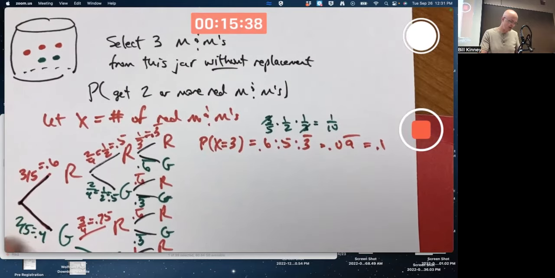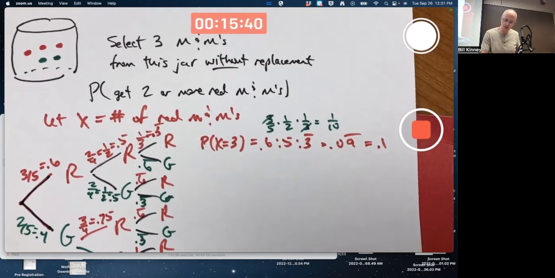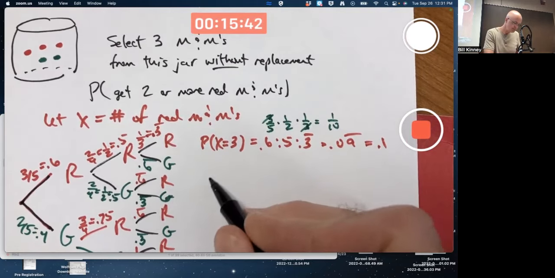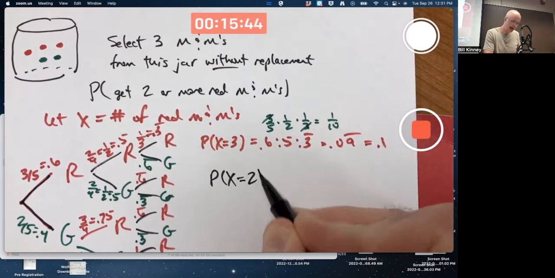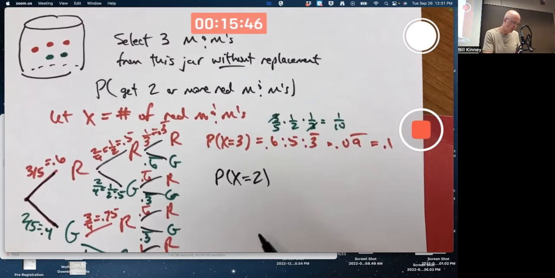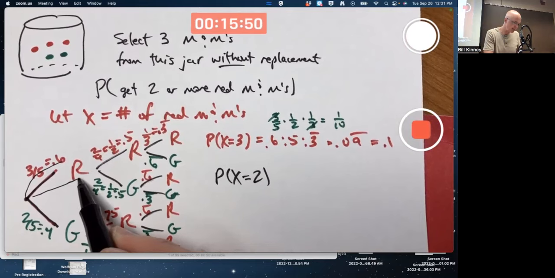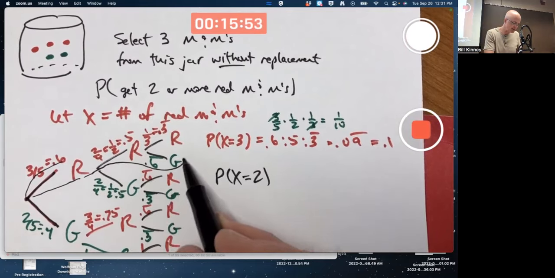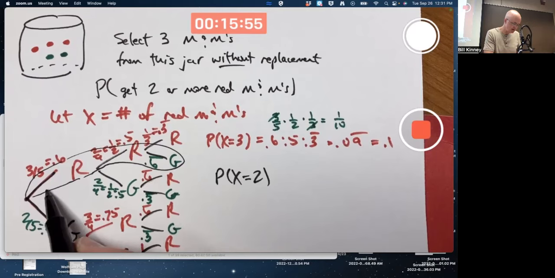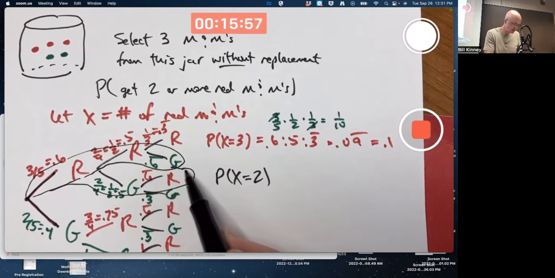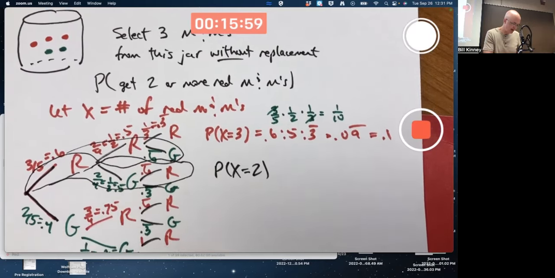What about the probability of x equaling 2? X is the number of red M&Ms. What set of branches do you get 2 reds? That one, this one, and this one.